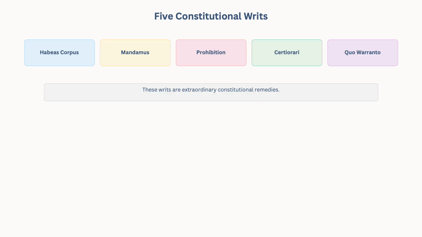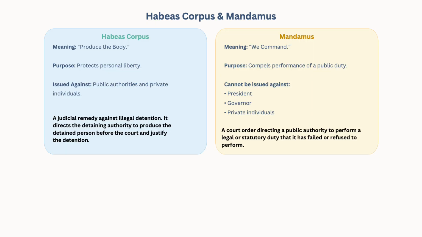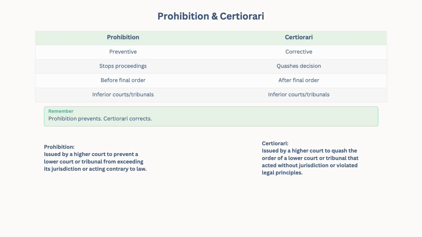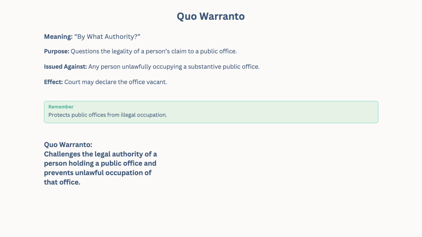And quo warranto. Quo warranto means by what warrant or authority. It questions the legality of a person's claim to a public office, which means, for example, a person becomes a university vice chancellor without proper qualifications.